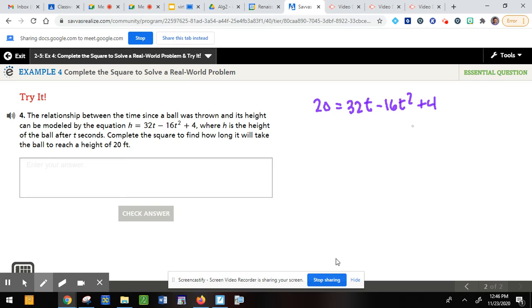Okay, first thing I would do is subtract the 4 to the other side, because again, you want to isolate the linear and the quadratic term. All right, the next thing I would do, I'm going to flip it around so I have my variables on the left side. Doesn't really matter, but I like it that way.